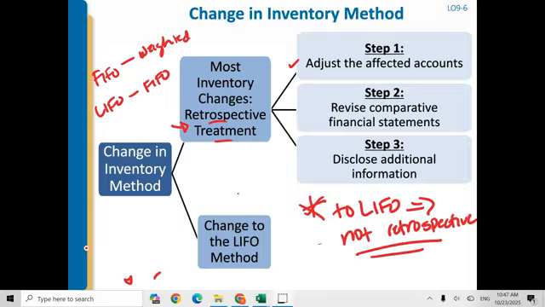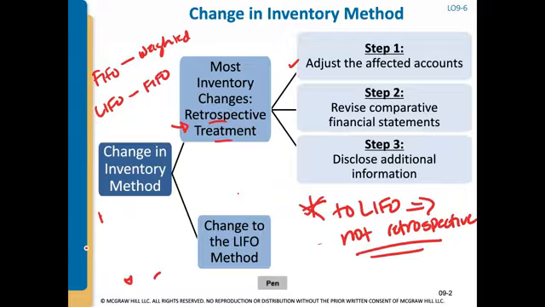That will be covered later in the second half of the semester in that chapter devoted to changes in accounting principles. But the differences in the cost of goods sold and income in the prior years are rolled into retained earnings. So you know your inventory amount will change, and you know that your retained earnings amounts for the current year will change.